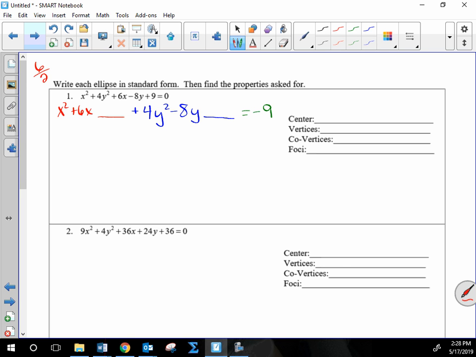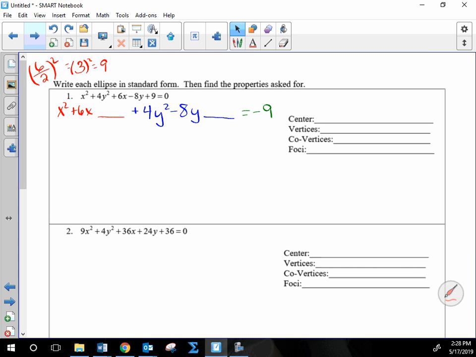So b over 2 quantity squared, which would give me 3 squared, are we in agreement with that? Are we okay with that? Okay. So I'm adding 9 to this guy. I'm going to add it here. And I have to maintain my equation, so I'm going to also add it.